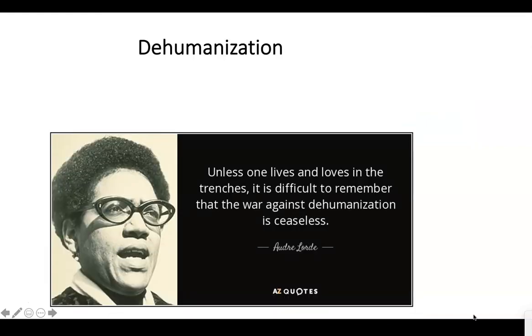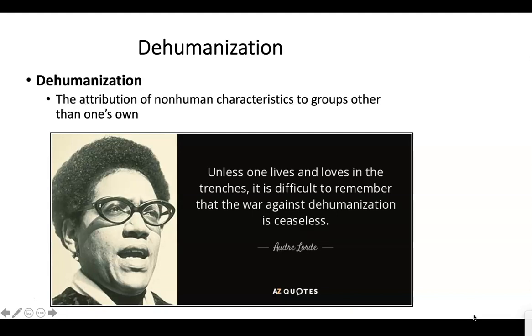When we look at some of the atrocities of the 20th century, a lot of the reason they're able to happen psychologically is because of this idea of dehumanization. People are described as cockroaches or parasites, non-human creatures.